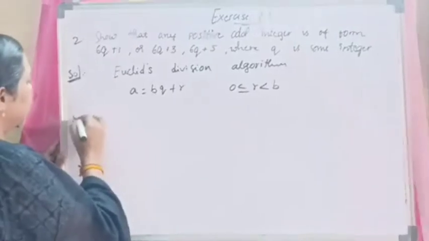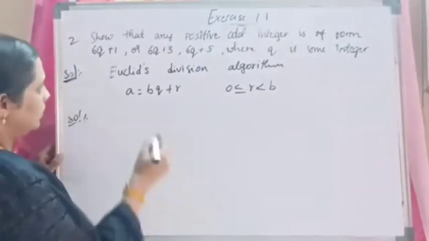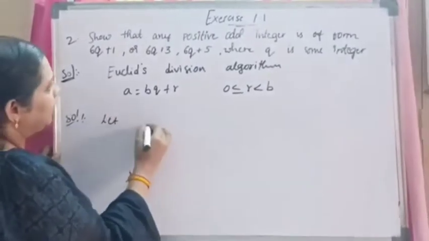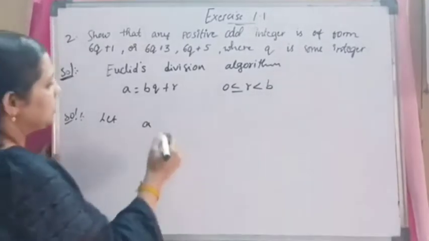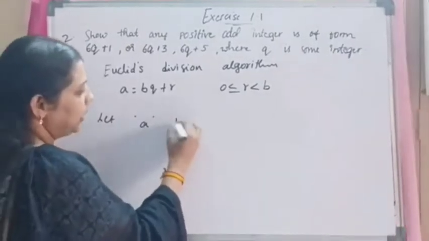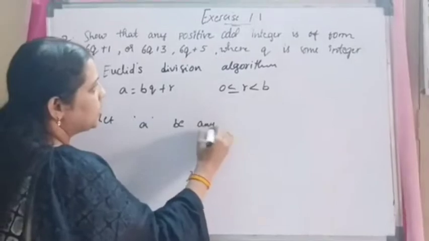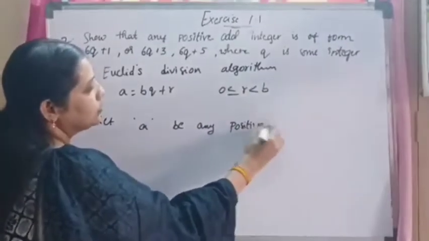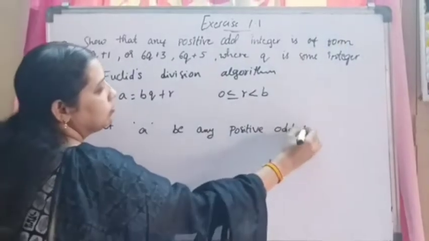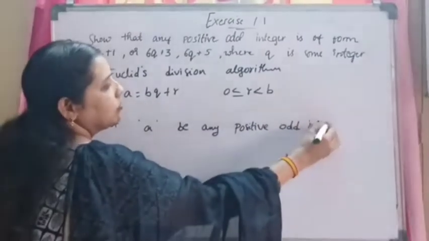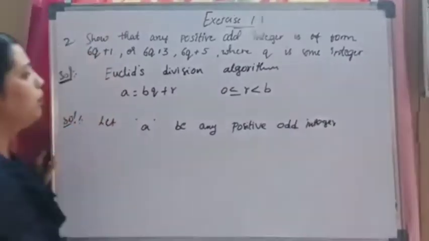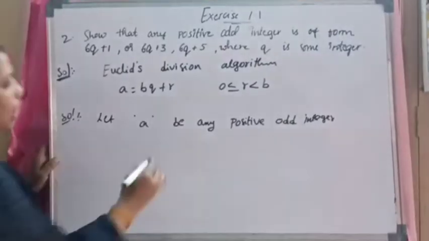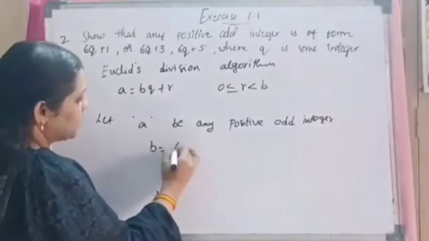Now solution. Let a be any positive odd integer and b is equal to 6.